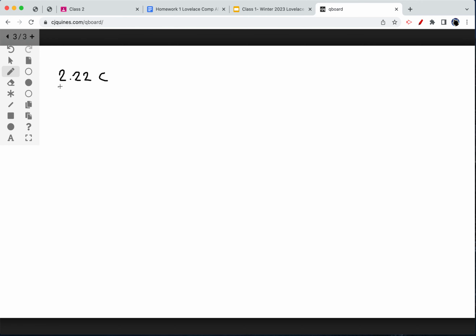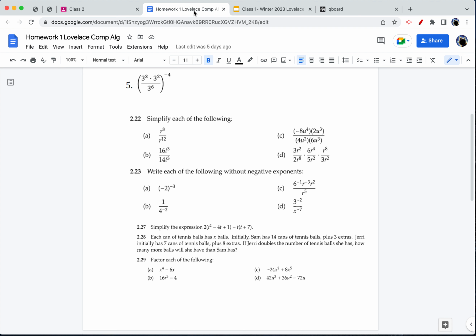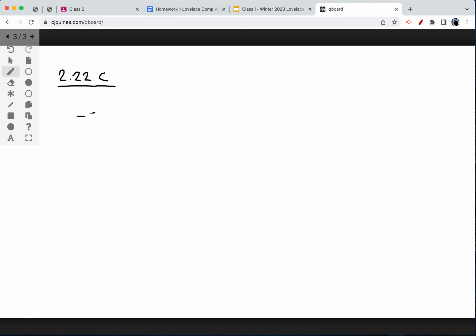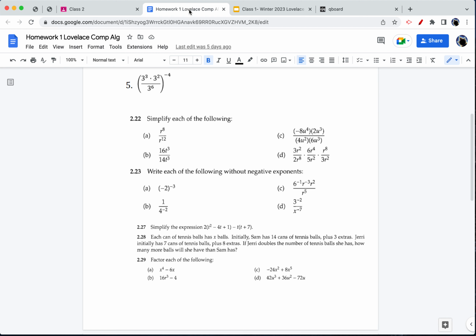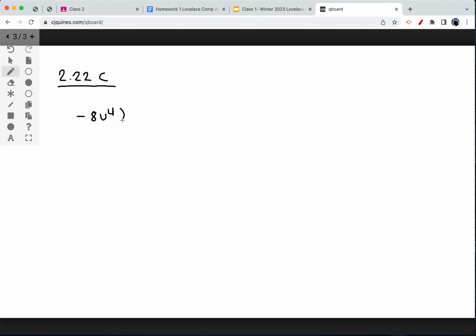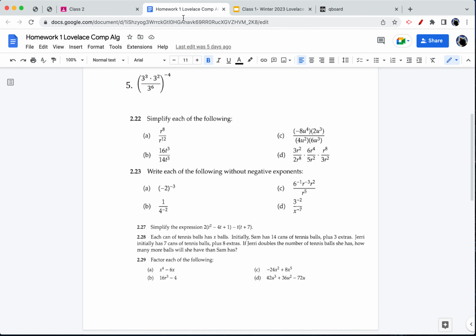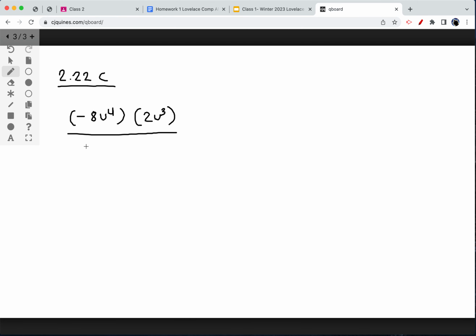2.22c. So let me just write the problem out. Minus 8 times u to the power 4 times 2u cubed over 4u squared times 6u cubed.